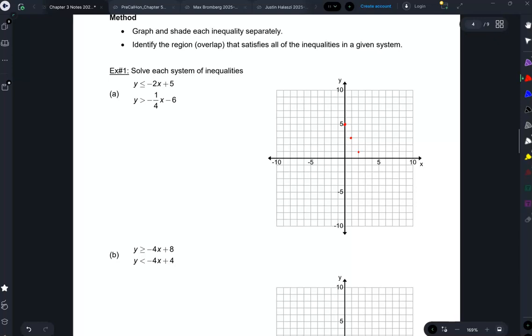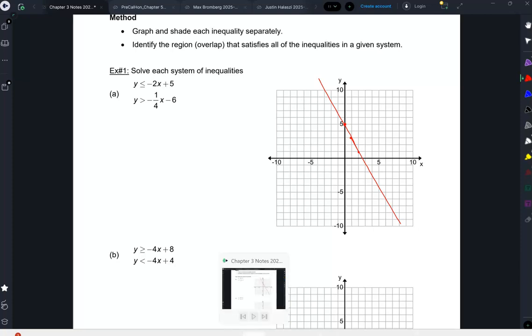Here, because it's less than or equal to, we're going to shade below. So the way I do it, if I'm shading below, it's all of this region here, correct?